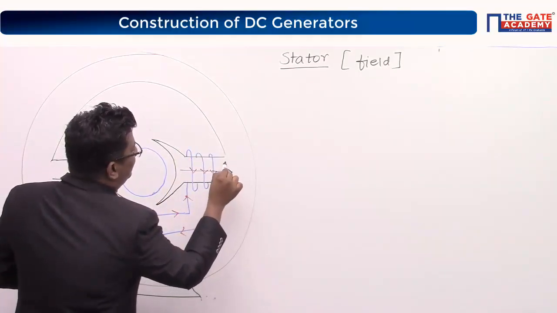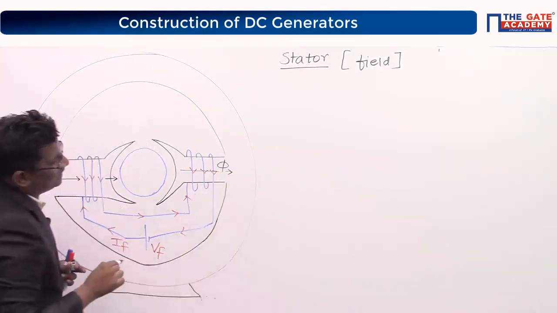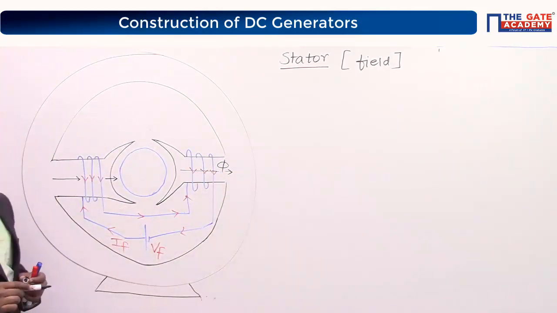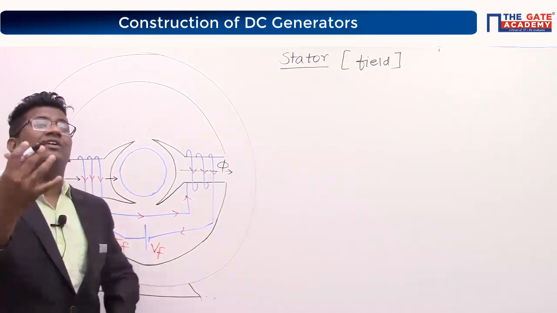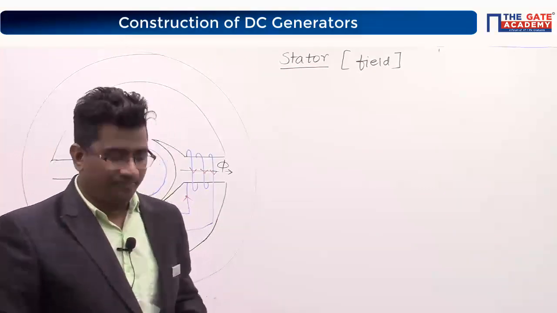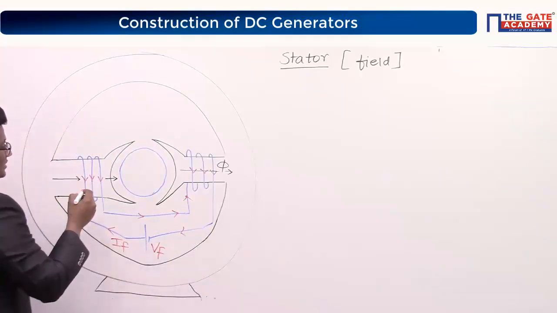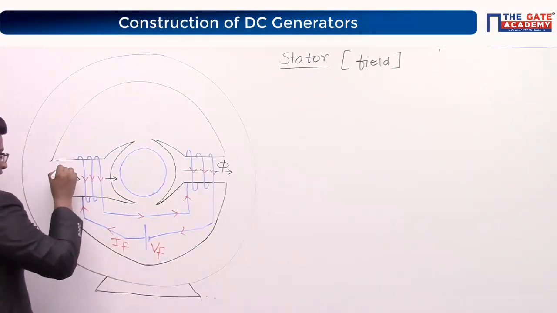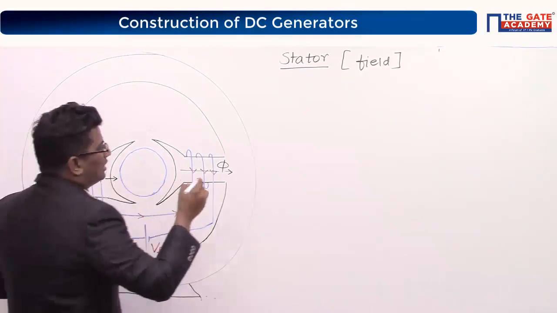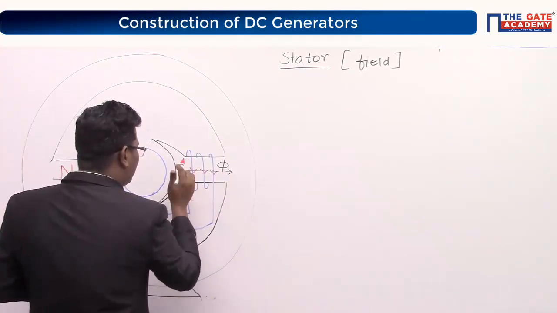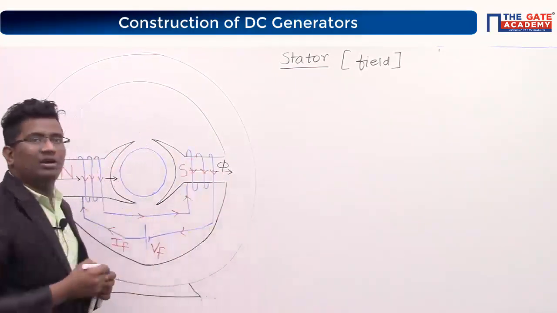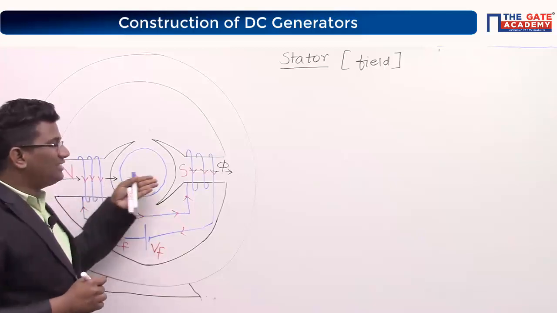Let us say the total flux produced by the machine is phi. Which one will emit the flux and which one will take the flux? North will emit the flux, south will take the flux, correct?